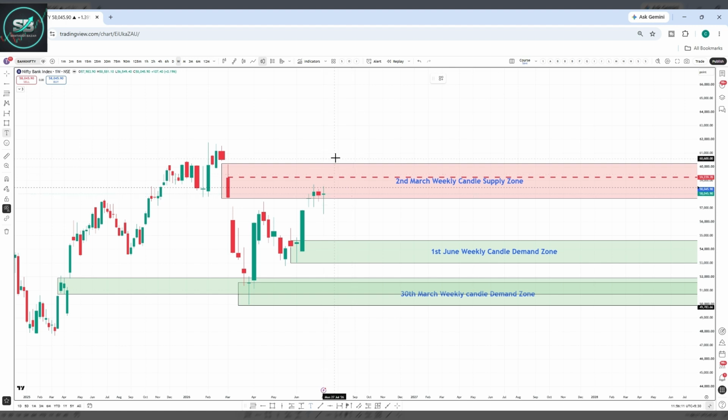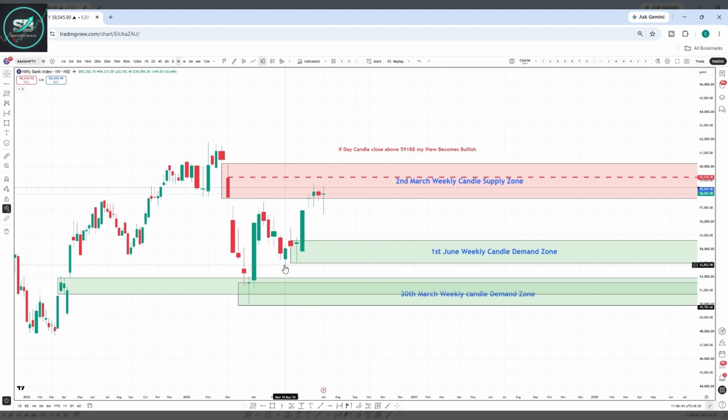From here, if price gives a breakout, if a day candle closes above 59,188, my view becomes bullish. Else at this juncture, I am not bullish in Bank Nifty.